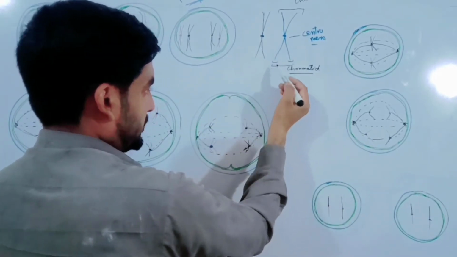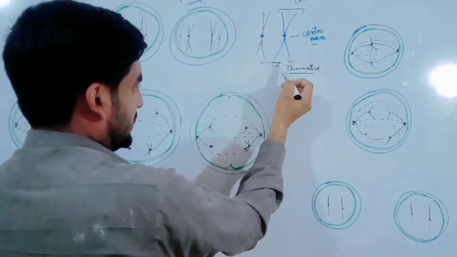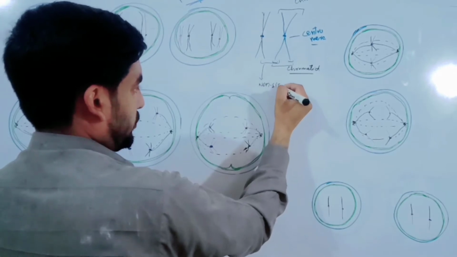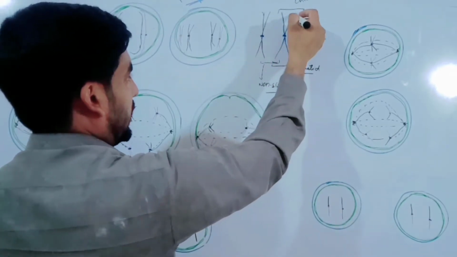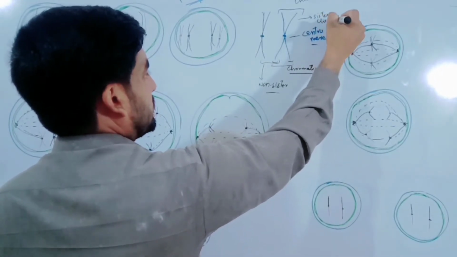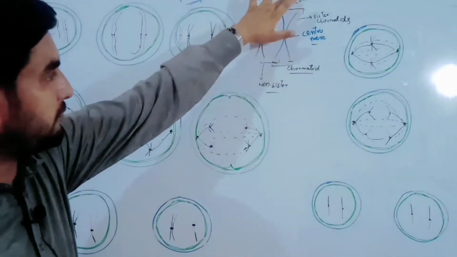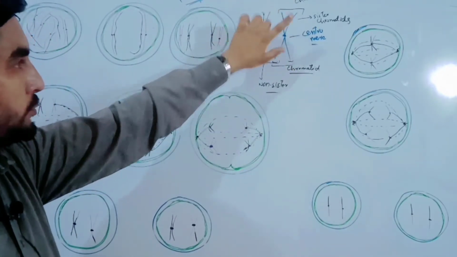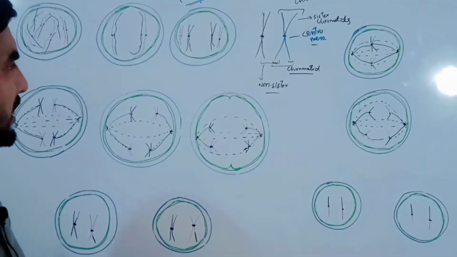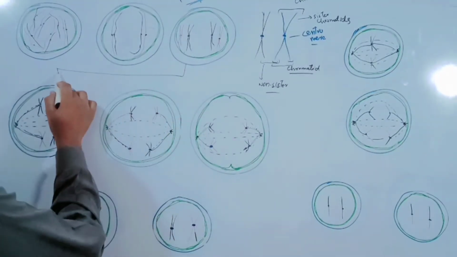These two are sister chromatids, but the chromatid of one chromosome compared to the other, these two are called non-sister. These are non-sister chromatids, and these two are sister chromatids. Fine. So this was a pair of homologous chromosomes, two chromosomes of the same type. So in the prophase, pairing of homologous chromosomes occurs, and then it moves towards this.